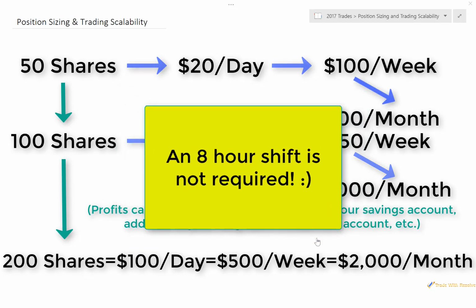You can make a couple of trades in 30 minutes or less. It really just depends on the volatility of the stocks. But it is possible to pull $100 or $200 from the stock market in 30 minutes or so. And the good news is an 8-hour shift is not required, but you have to have a strategy and a plan in place in order to be able to do so.